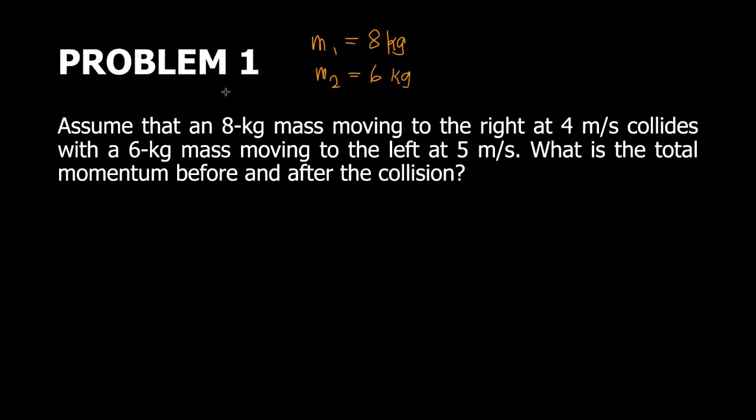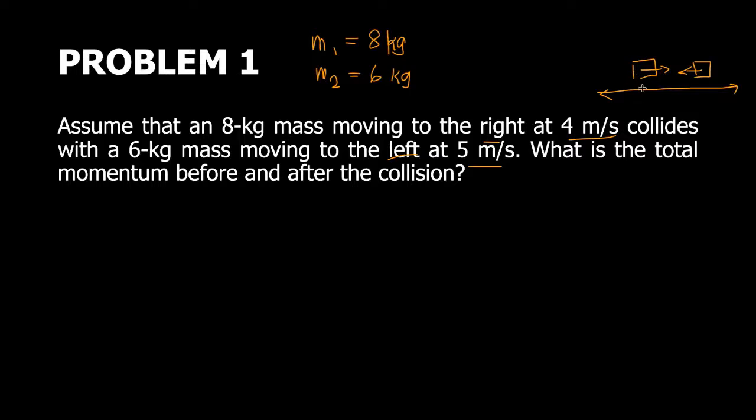Your M sub 1 is moving to the right at 4 meters per second, while your M sub 2 is moving to the left at 5 meters per second. So, suppose may ganyan ka, ito yung M sub 1 mo, ito yung M sub 2 mo.